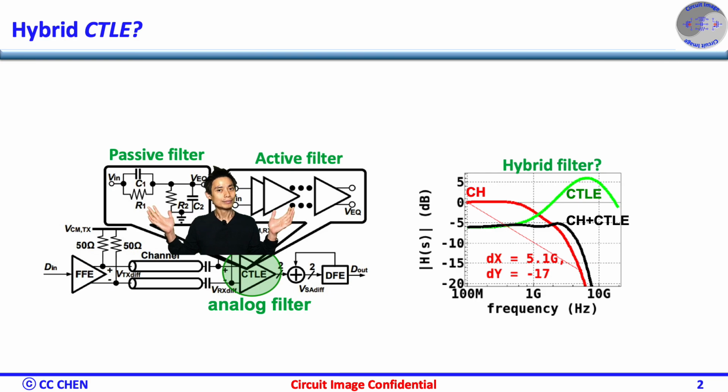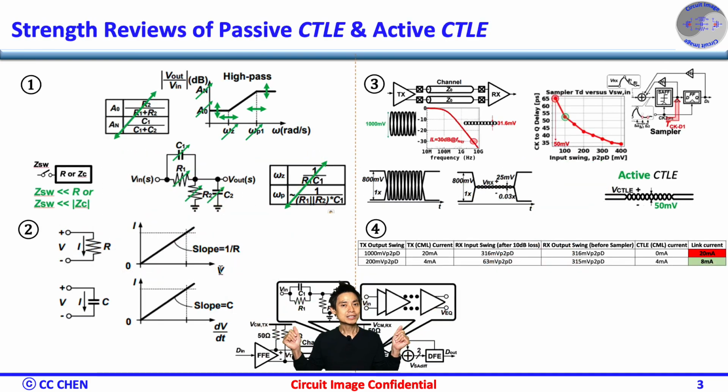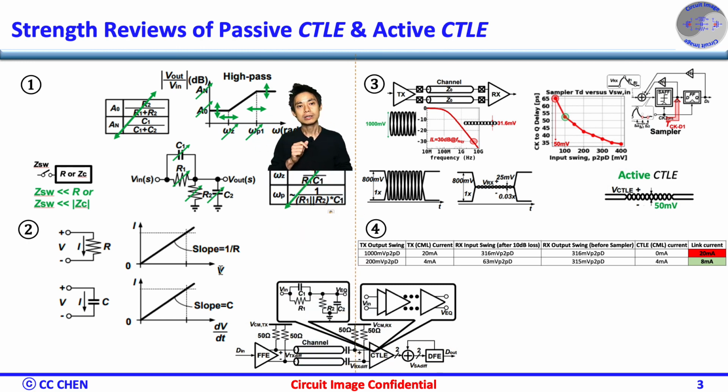shown below. The first strength of the passive CTLE is that we can independently adjust the values of the R1, R2, C1, and C2 to decouple the dependency of the tuned DC attenuation, high frequency attenuation, peaking gain, zero, and pole frequencies from each other.